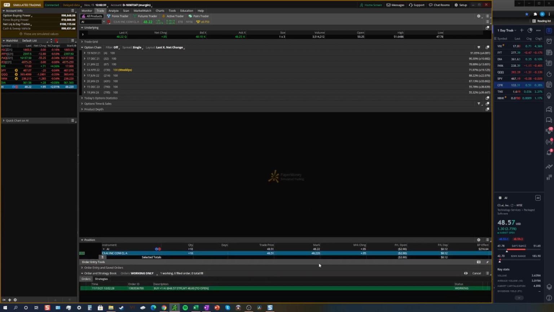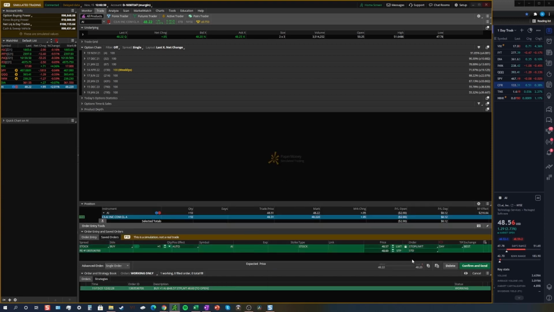Okay, so I'm looking at the current market right now, 48.53 to 48.59. And our trigger is at 48.60. So the bid side needs to get a little bit above 48.60 to activate the trigger. And then what this limit is, so this would activate the order.